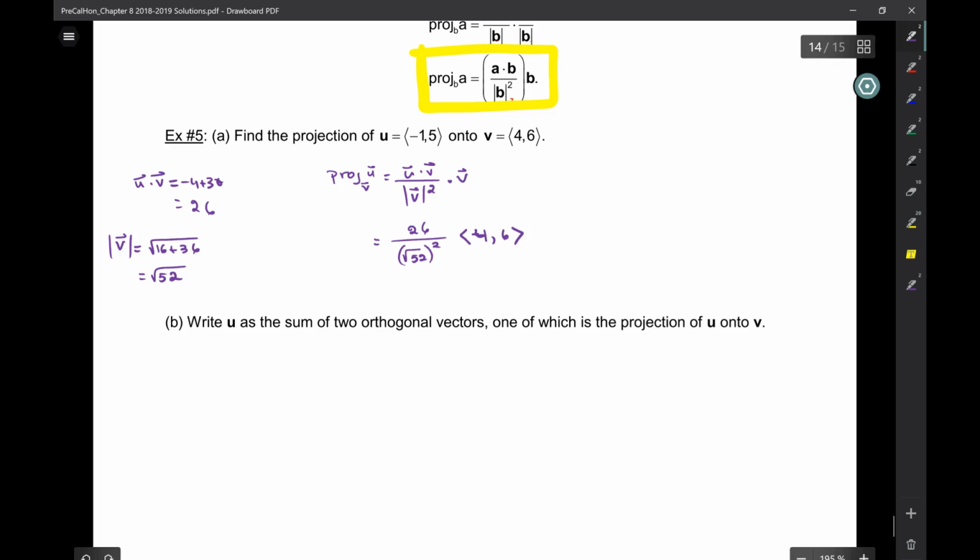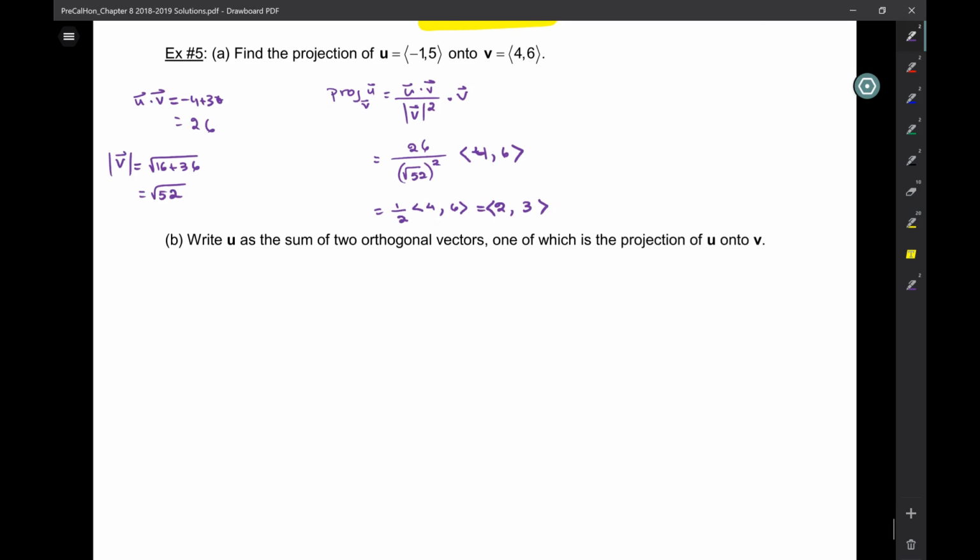So, how much is this one? 26 over 52. How much is that? 1/2. 4 comma 6. This is 2 comma 3. Okay? So that's the projection of U onto V.